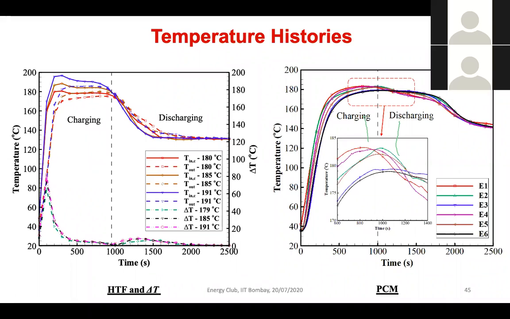Now if this delta T, during charging and discharging, is small, then that thermal energy storage will be very good, because this thermal energy storage is able to stabilize the temperature fluctuations in the heat transfer fluid, which are coming because of the change in solar radiation. So our main objective is to minimize the outlet temperature drop between charging and discharging. Then that will be very efficient.